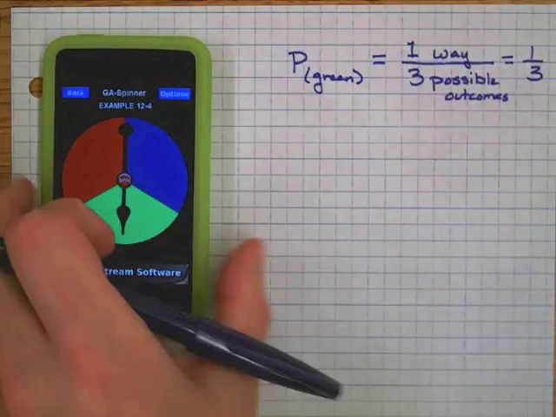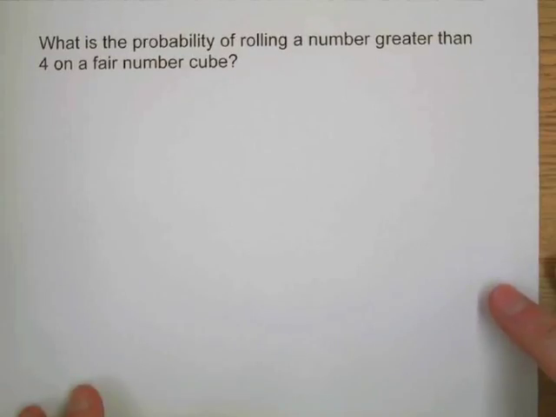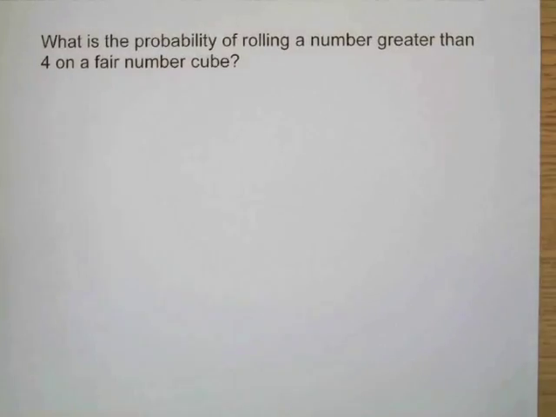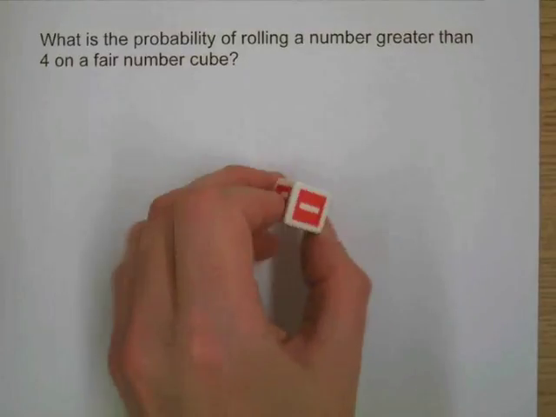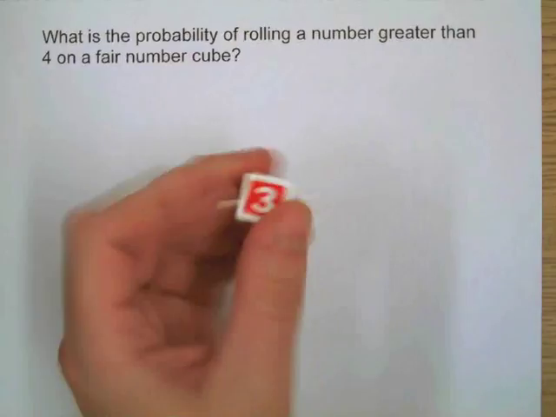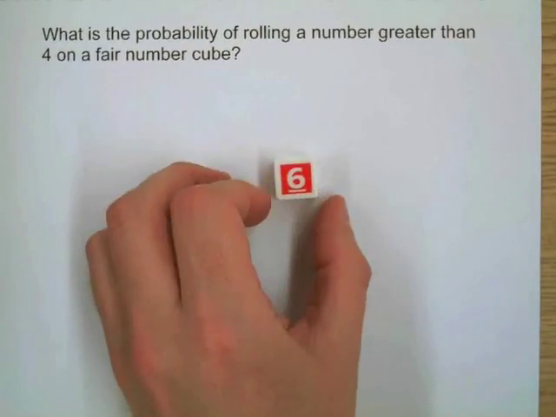Let's take a look at another example. What is the probability of rolling a number greater than 4 on a fair number cube? So here's our number cube. We have 1, 2, 3, 4, 5, and 6 on there.